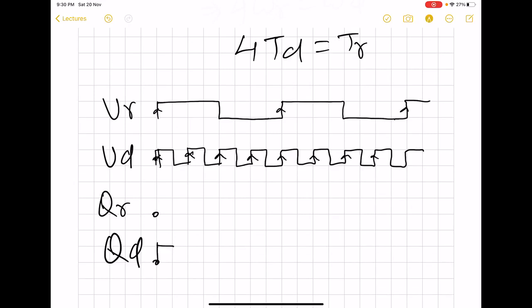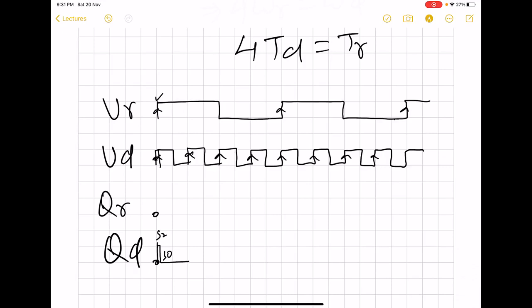QD is going to become 1, but then after a short duration, let us say that the rising edge of VR occurs, so it will return back to 0. So this goes to state 2 and remains there for a short duration, and then comes back to state 0.